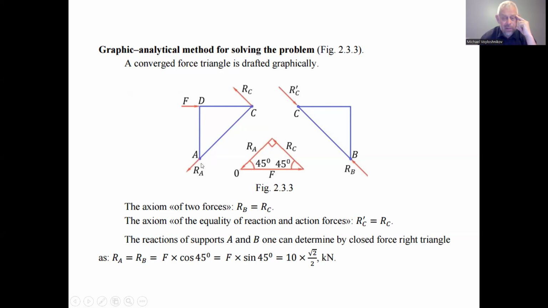For the ordinate axis, forces RA and RB are inclined at 45 degrees, and the projections of them are opposite and equal in magnitude, and that's why the force RB magnitude is equal as well to 10 multiplied by square root of 2 divided by 2 kilonewton.